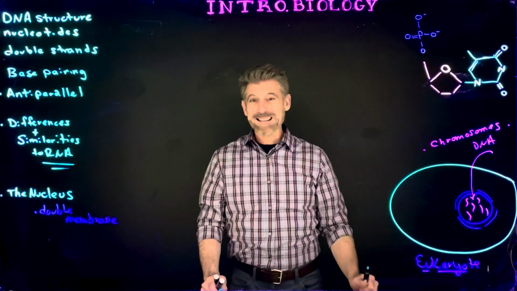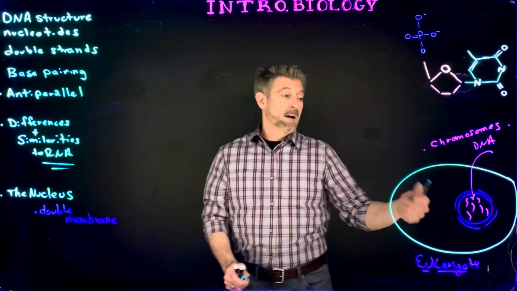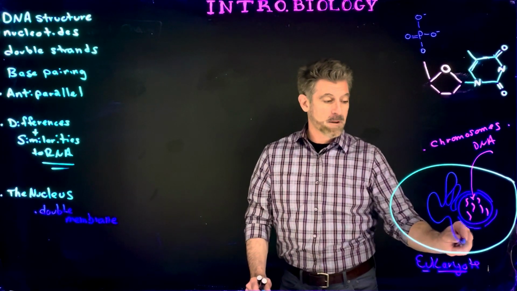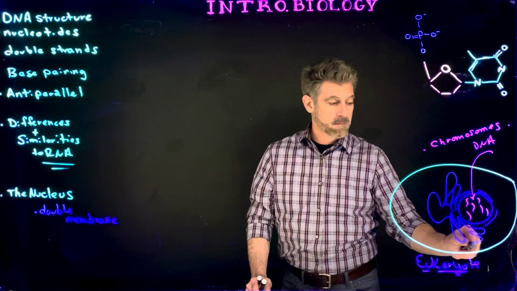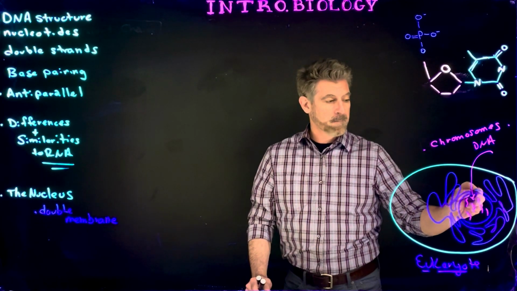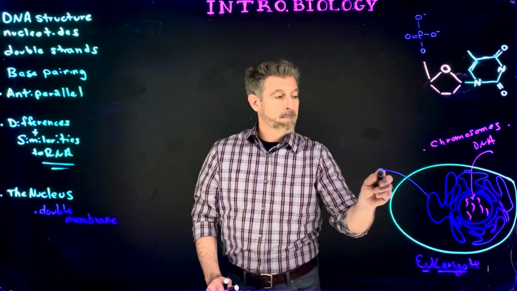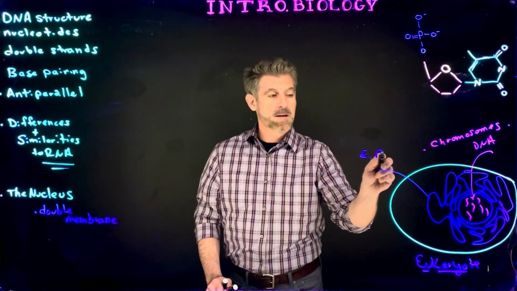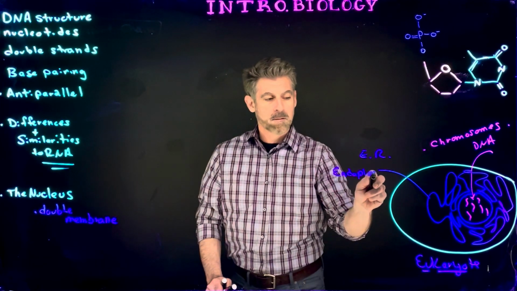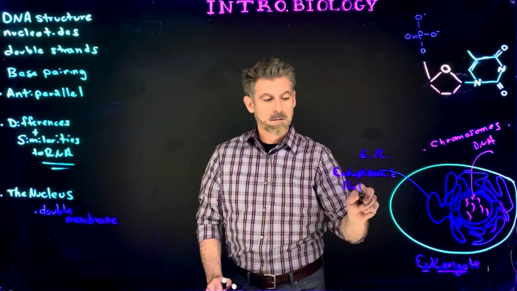Now, I drew those little interrupted areas because the outer layer of the nucleus is actually another organelle in the cell called the endoplasmic reticulum. Sometimes just referred to as the ER, or endoplasmic reticulum.